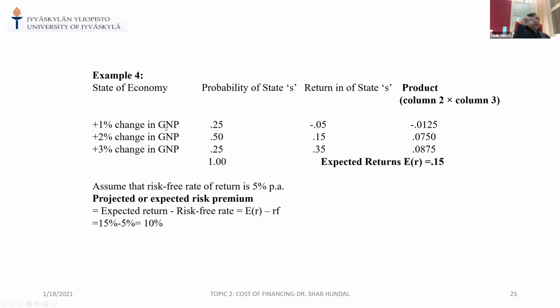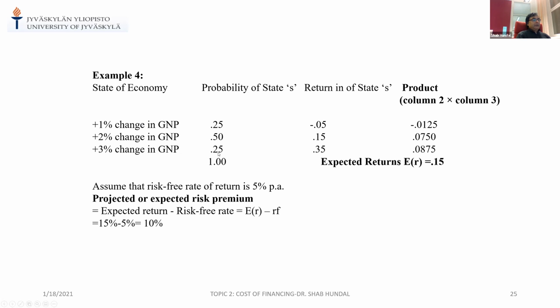Now here we apply the conditional probability. If the economy grows at 1% GNP, then we multiply the probability and the return in a state, where state means not the country but the situation, multiplying column 2 and 3. We get this one. And if the economy is growing at 2%, then the probability multiplied by the return of the stock is this one.